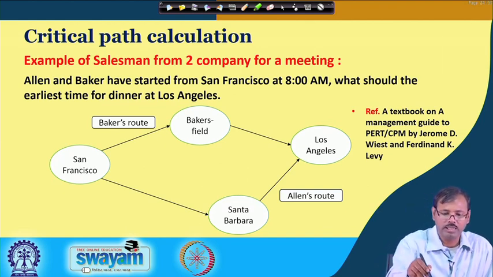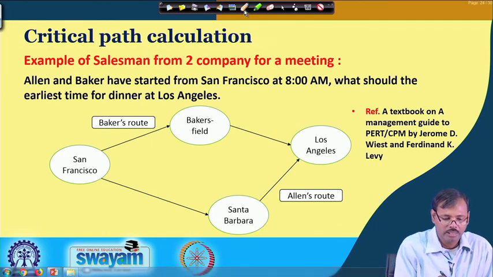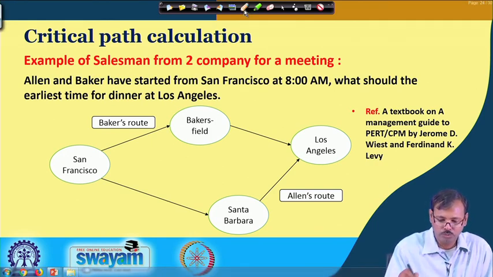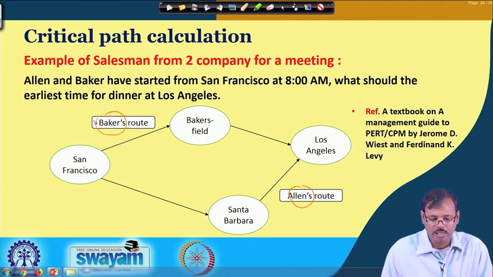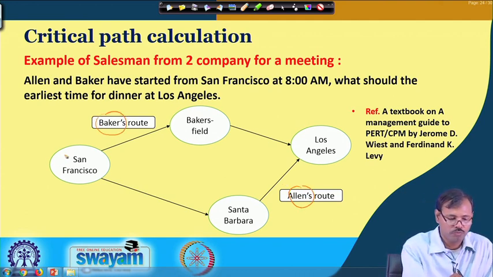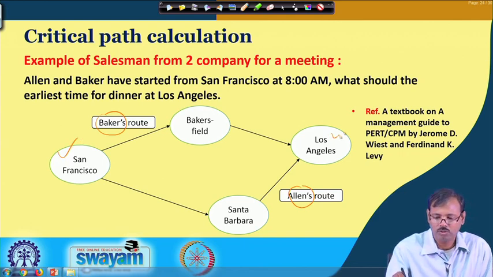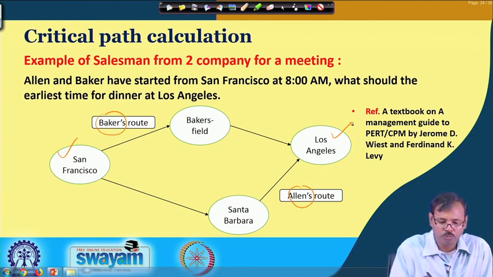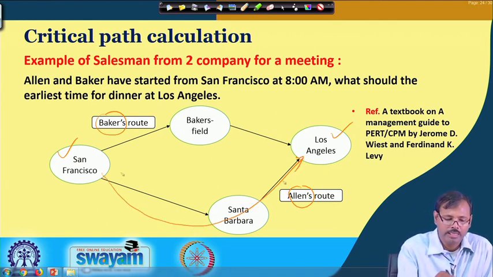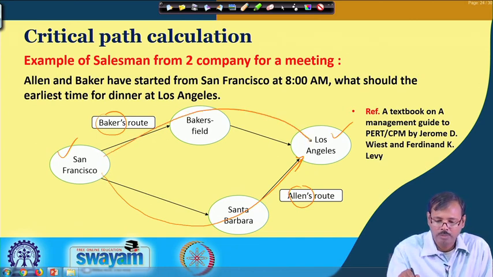This example says that two friends, Allen and Becker, are willing to move from San Francisco to Los Angeles, but Allen has to move through Santa Barbara and Becker has to move through Bakersfield.